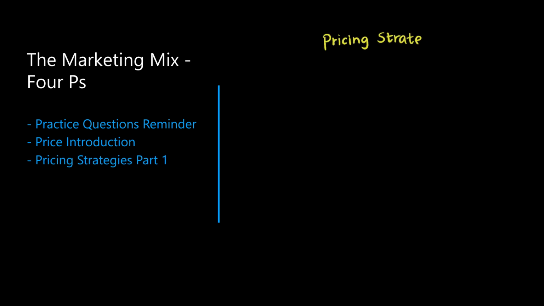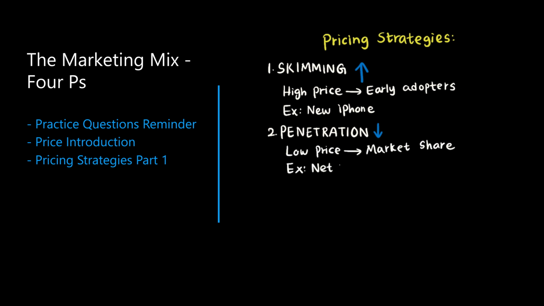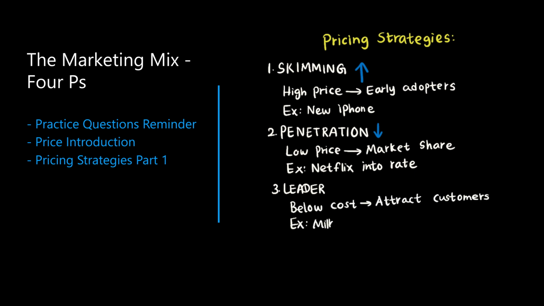Skimming means pricing high initially to maximize profits from early adopters willing to pay premium prices. Think of how Apple prices new iPhones. Penetration pricing sets prices low to quickly gain market share, like how streaming services offer introductory rates. Leader pricing involves selling certain products below cost to attract customers who will buy other items.